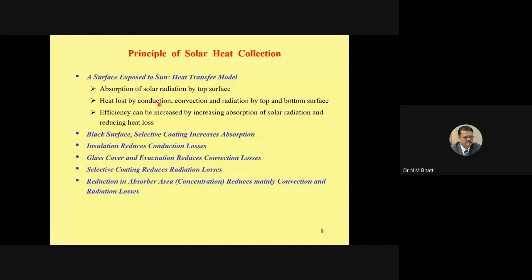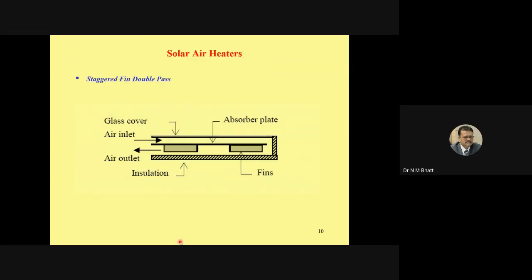So I repeat once again, this is actually the conclusion from experience. This is not taken from any research paper, any textbook or ready-made material. The slide is prepared based on the experience that I got after 2001 when I started my PhD. So this is about 20 years of experience working with and understanding various solar thermal systems.